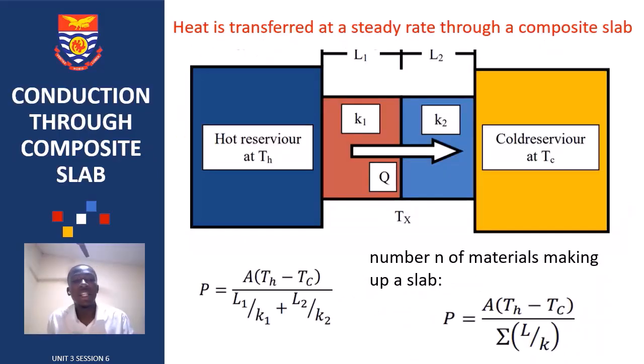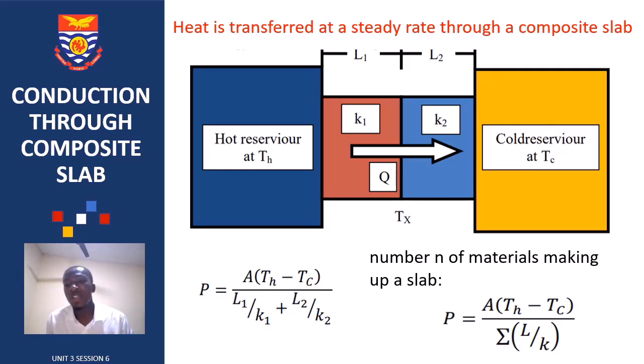Now let's look at conduction through a composite slab. In the figure shown here, a composite slab consists of two materials having different thicknesses, say L1 and L2, and different thermal conductivities, say K1 and K2. The temperatures of the outer surfaces of the slab are Th, for the hot reservoir, and Tc, for the cold reservoir.